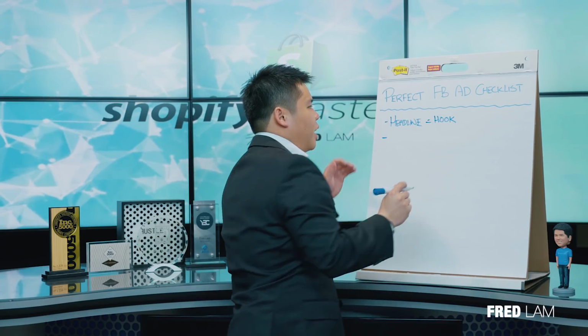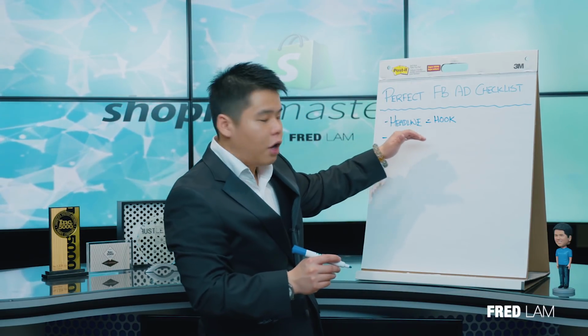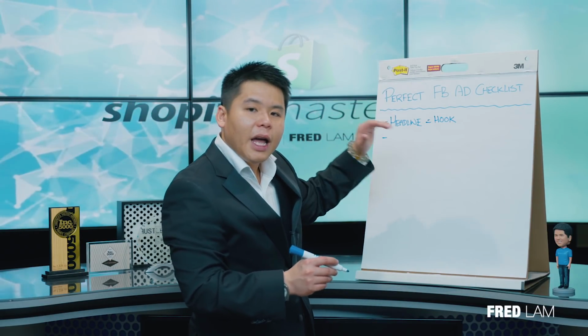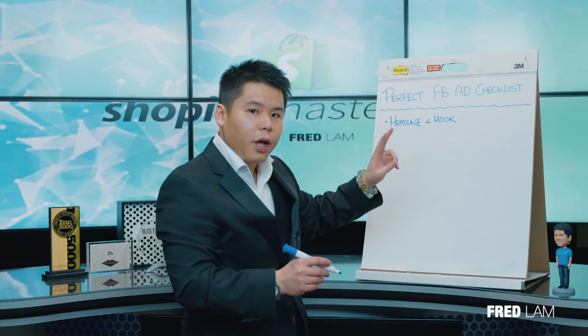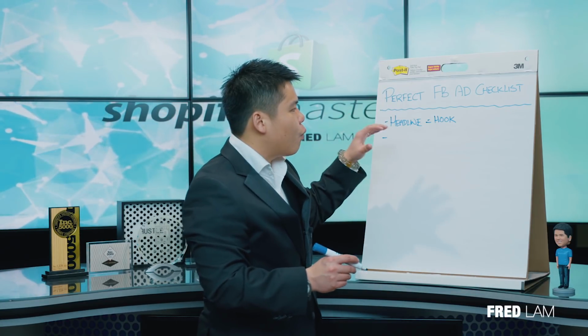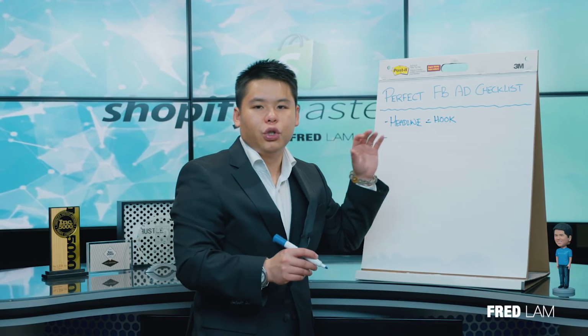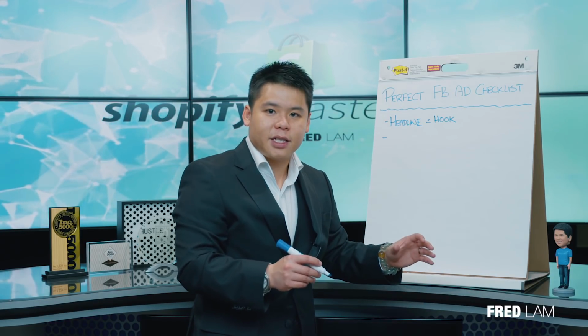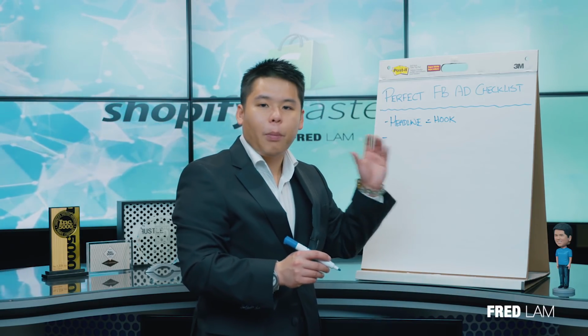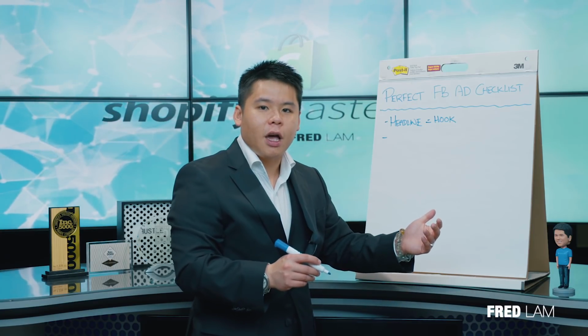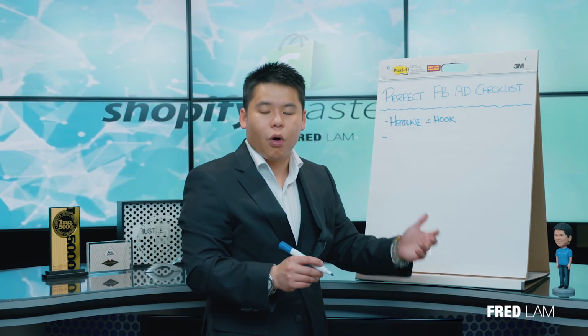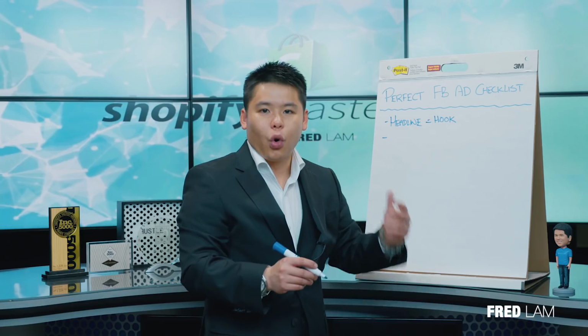The second thing that you need, right after the hook, is 1 to 2 sentences that really have emotional triggers to address the solution to the problem that the audience is facing, or why your customer or your audience needs your product.